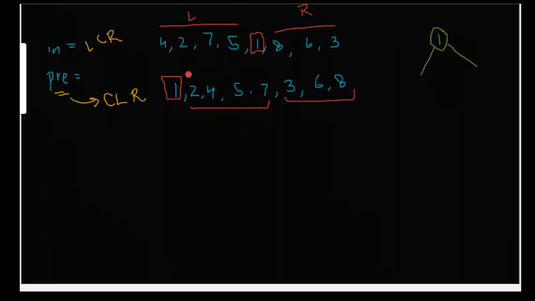Now this is 2, so for the left subtree, the root is 2. For the right subtree, the root is 3.